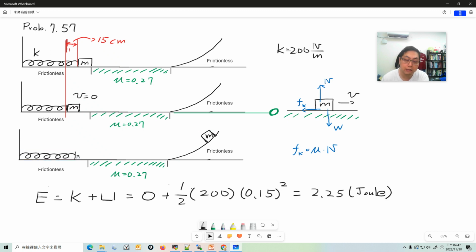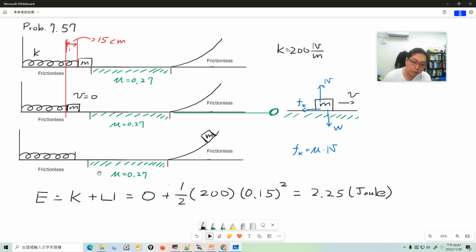After releasing the object, the spring becomes a very hard object and never compresses anymore. So when the mass hits the spring, it just bounces back and does another motion, passing through the rough surface and climbing the curved surface again. The object will keep doing this motion in this region.